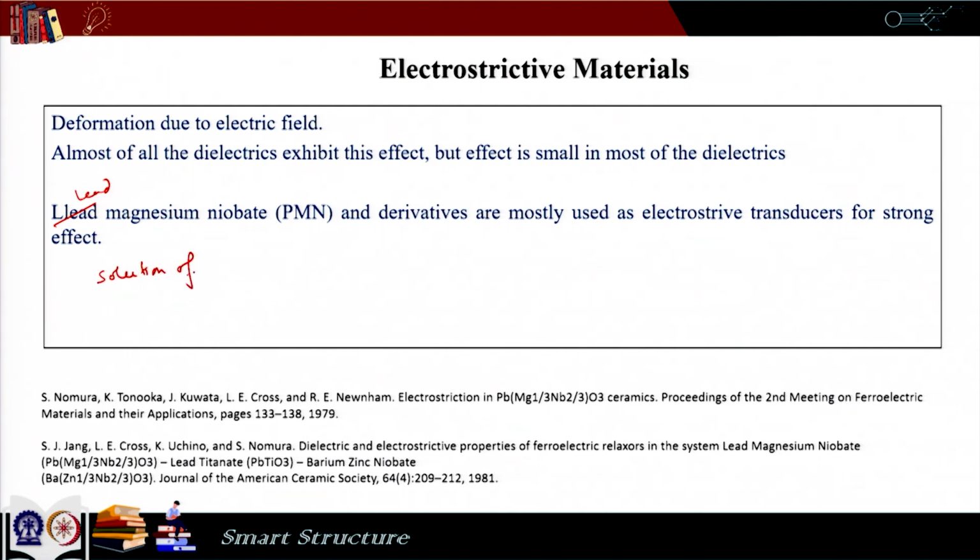Now, a solution of this lead magnesium niobate and lead titanate, which we also call PMN-PT, is called a relaxor ferroelectric, and they show high electrostriction.